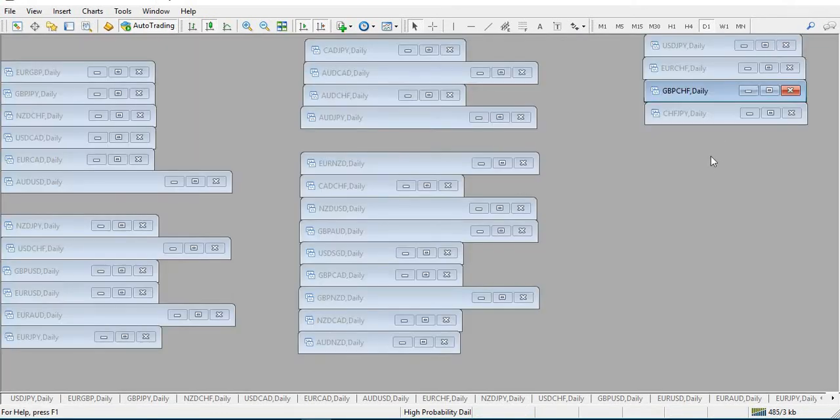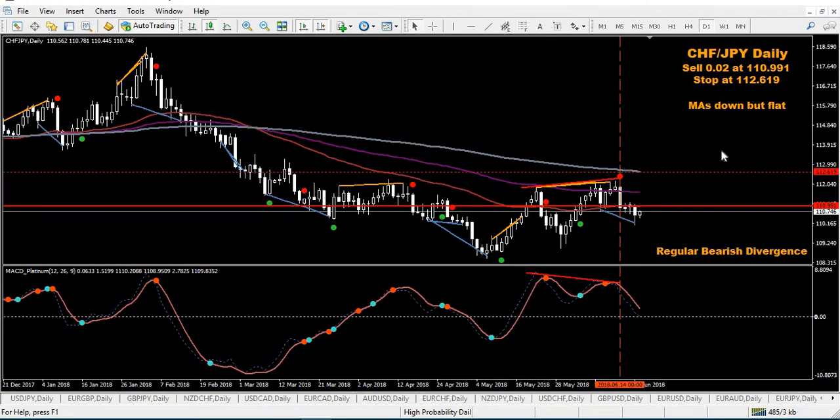And the last one on the high probability is the Swiss franc Japanese yen. I was in a sell here. I've closed it out, just closed it completely, just reduced risk. Took a small profit there, only a very small one. Reasons I did that: when I took this trade, I explained I wasn't that impressed by it, even though it's got regular bearish divergence and we're in a downtrend.